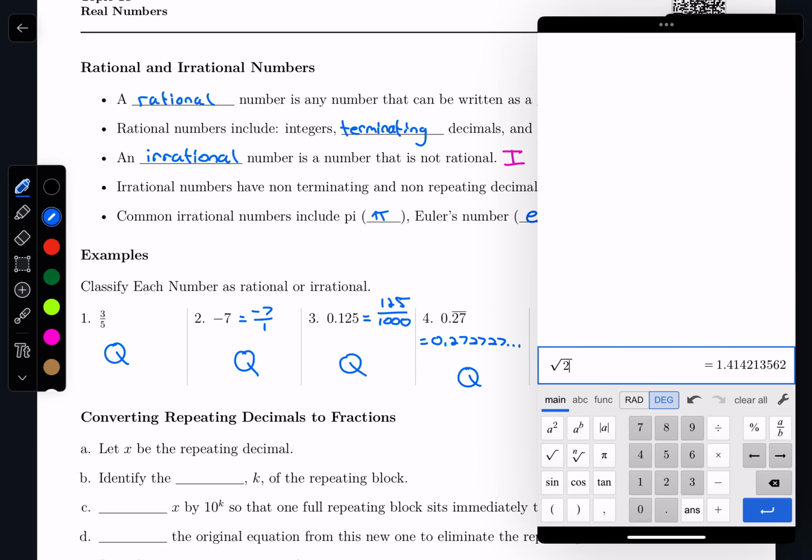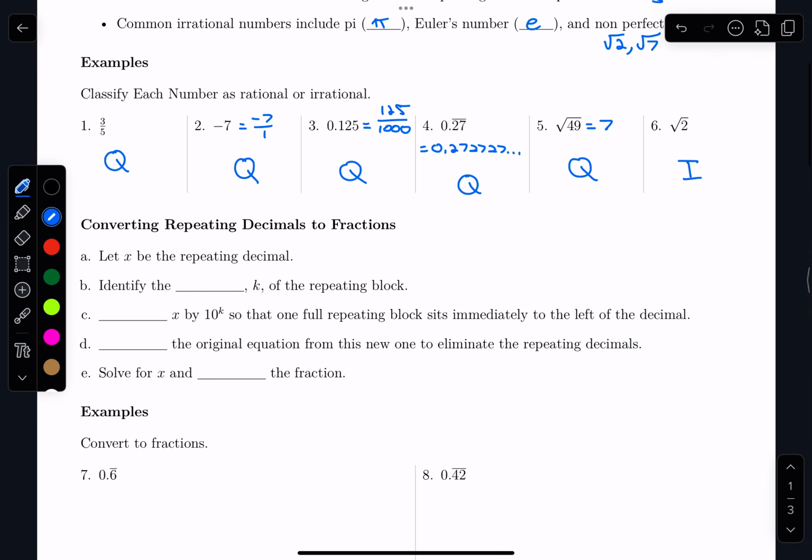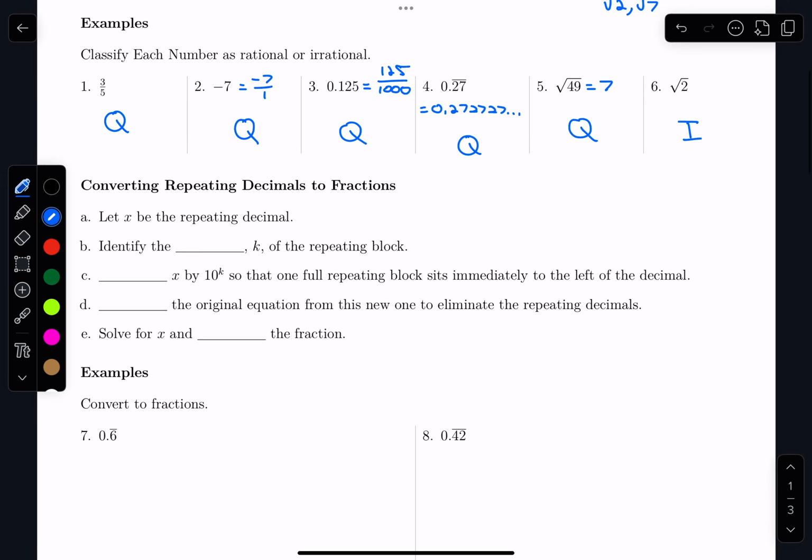Then we have 2, 1, 3, 5, 6, 2, and it's never going to actually repeat and it's never going to terminate. It's hard to tell when a number is irrational on a calculator because it feels like it terminates since the calculator stops putting more digits. But when you have no clear pattern, that almost always means this is an irrational number. And for us, the way we're going to tell is the fact that it's a square root of a non-perfect square.